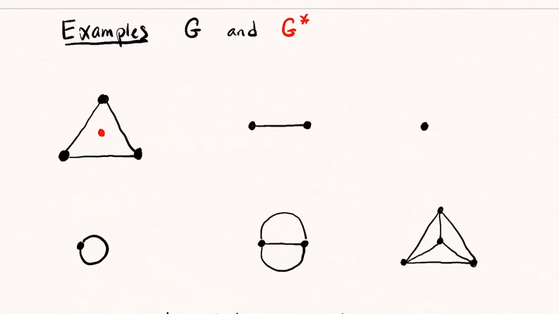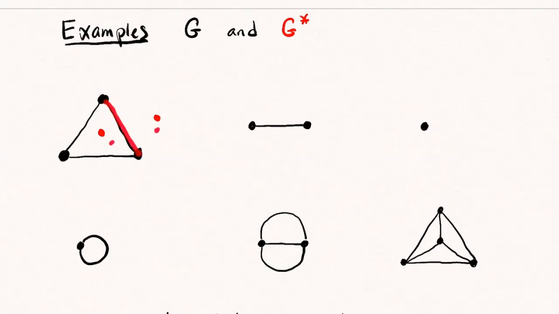So the dual graph is going to get 2 vertices. There's one vertex in the dual graph for every face in your planar graph G, right? And then the recipe is every time those faces are incident with each other along an edge, you have to draw a dual edge.